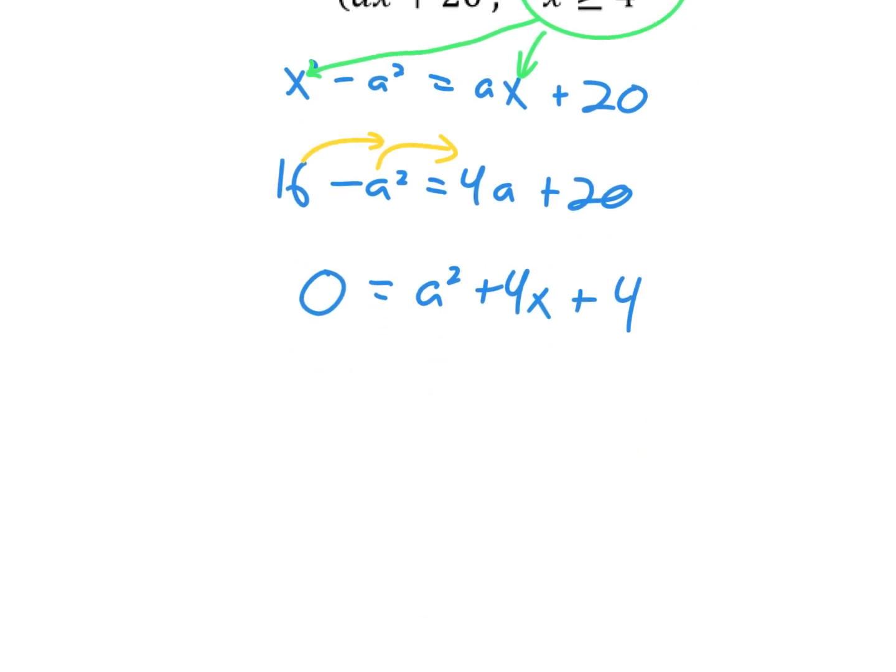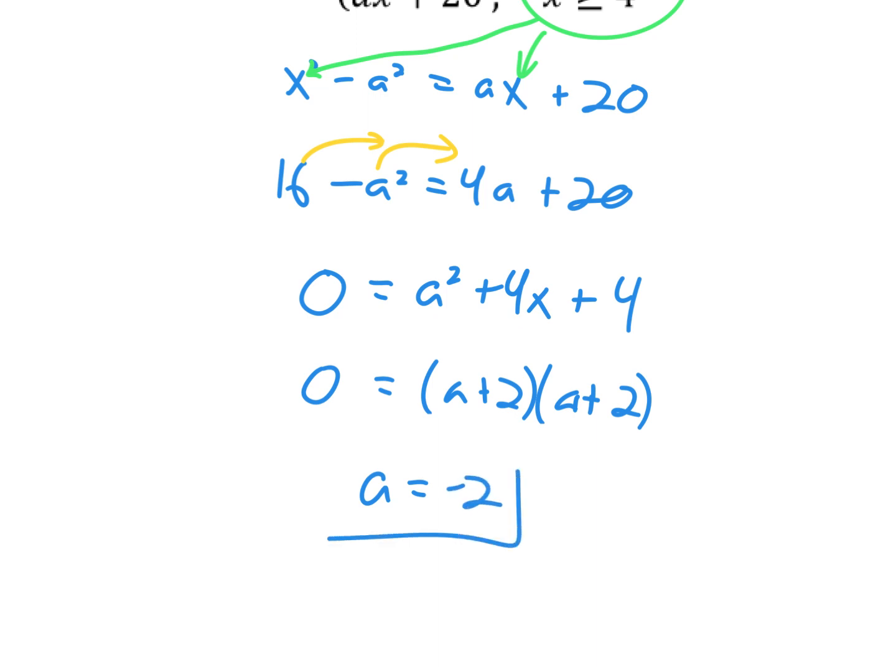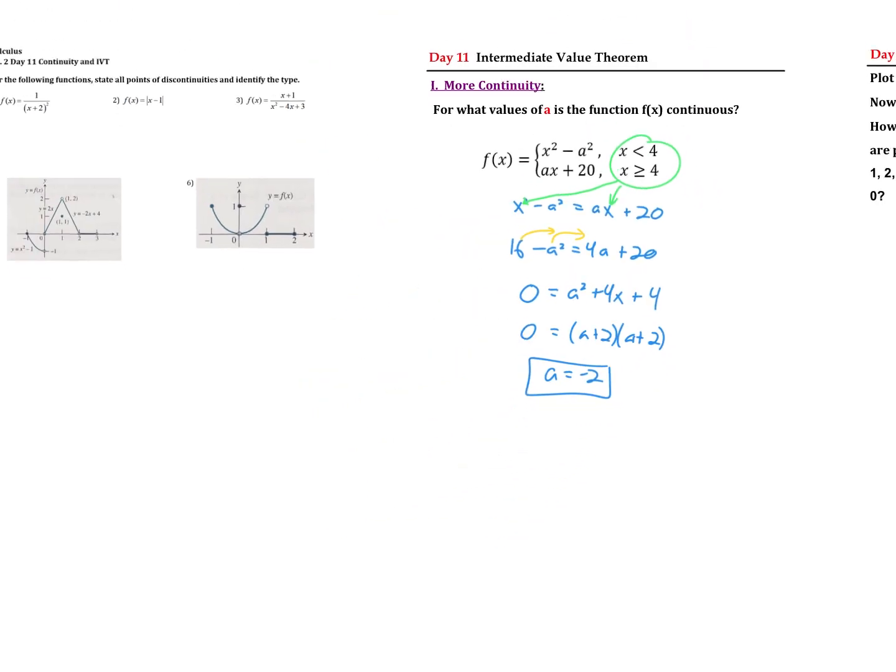Now we can factor and solve. We get 0 equals (a plus 2)(a plus 2). If you're not a factor fan, you could do completing the square or the quadratic formula, your choice. We're going to get a equals negative 2. All right, now let's get into IVT.